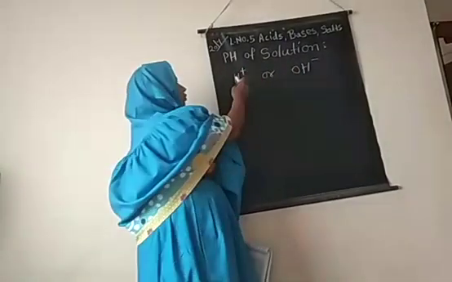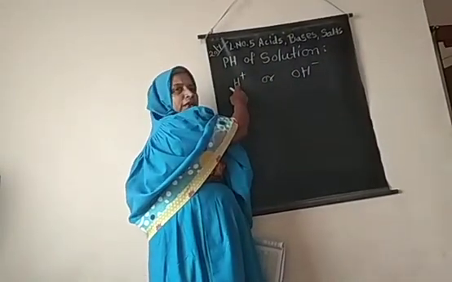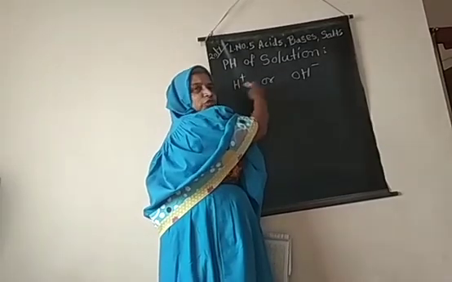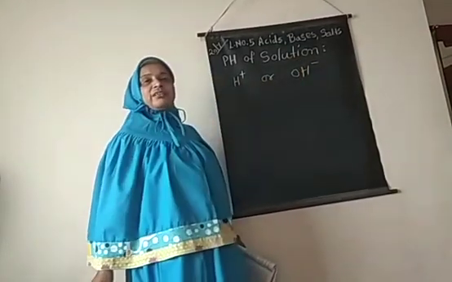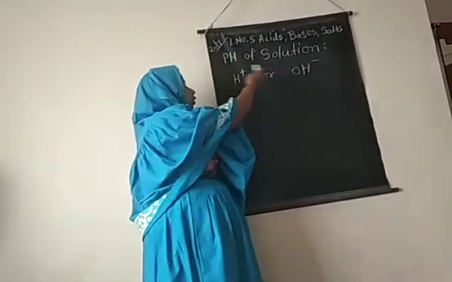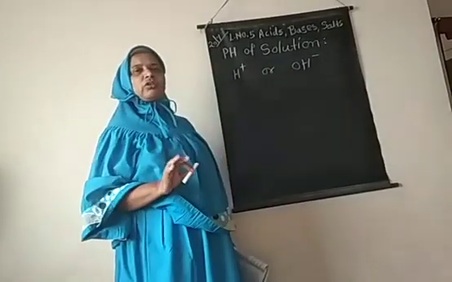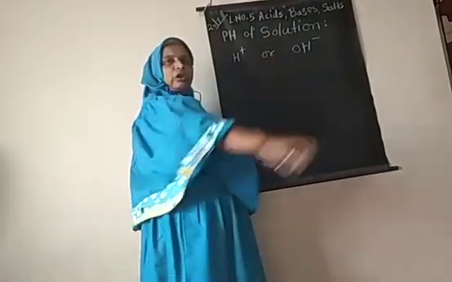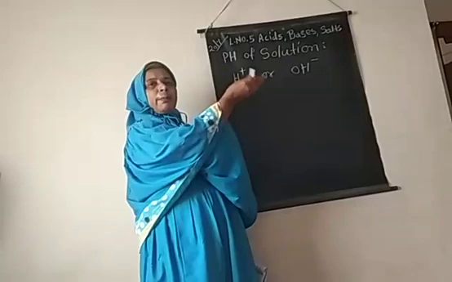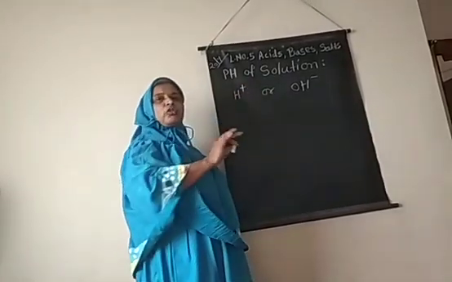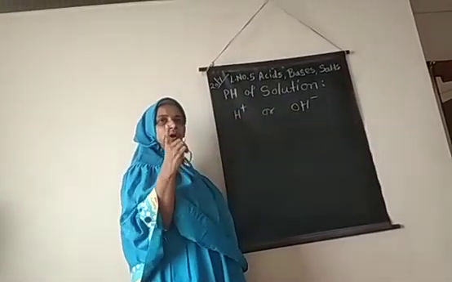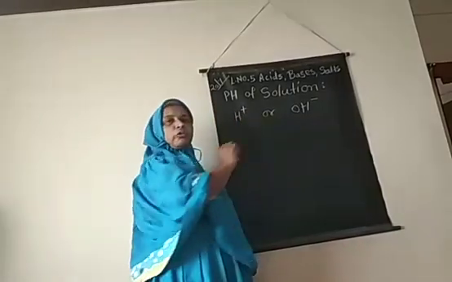So whenever we are calculating or counting the number of H plus ions or OH minus ions, it gives the meaning of concentration of acid or dilution of acid, or how many molecules are dissociated in one molar solution.